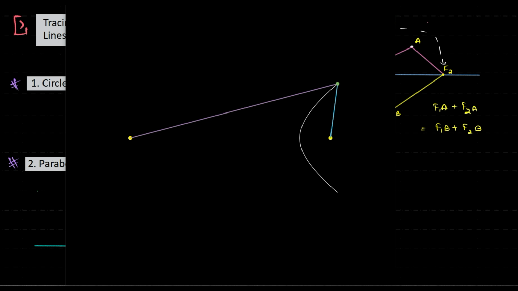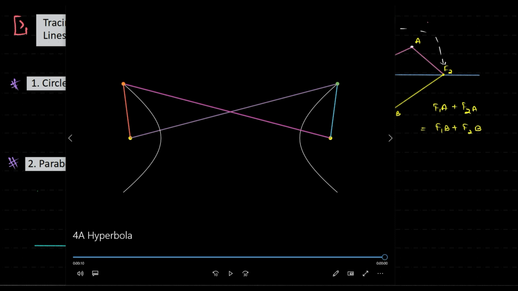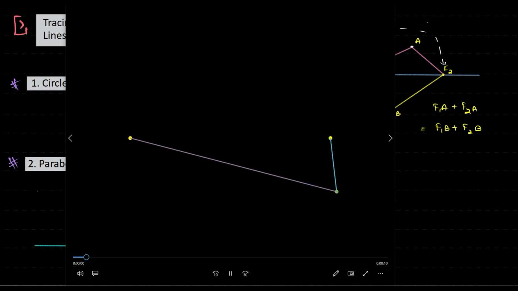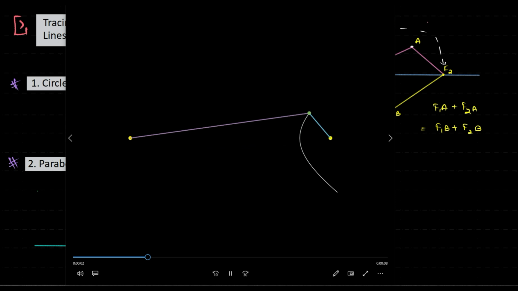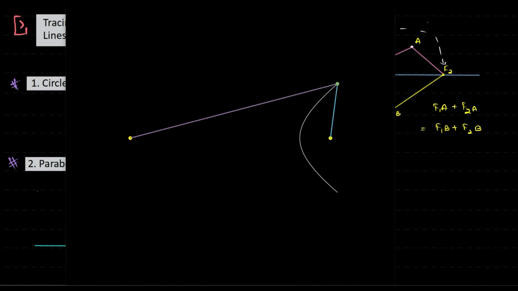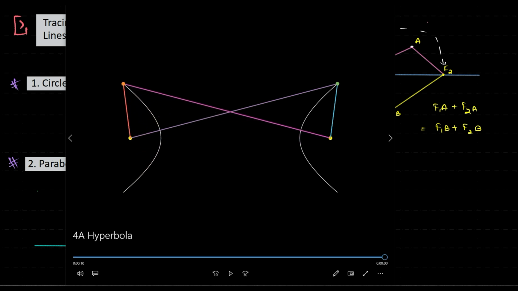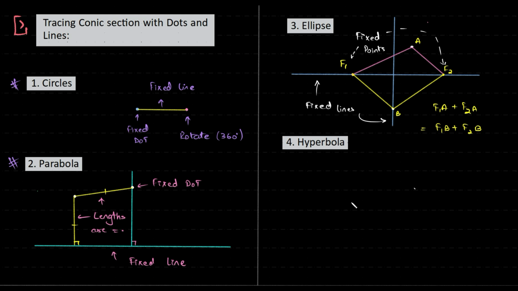Hyperbola is similar to the last one. It's similar to the ellipse, but there's another condition. Only the condition is different. Again, I'll show it. So what do we have over here? We have fixed points.